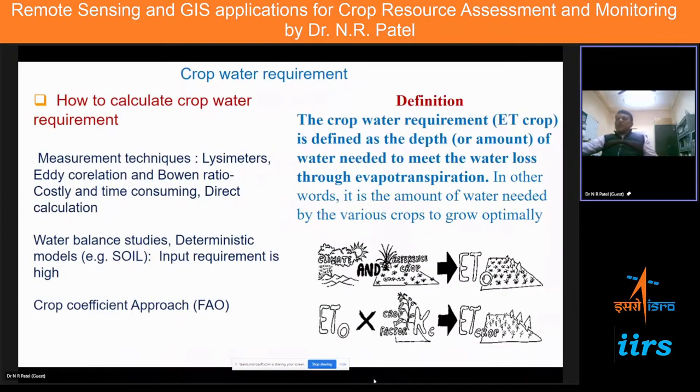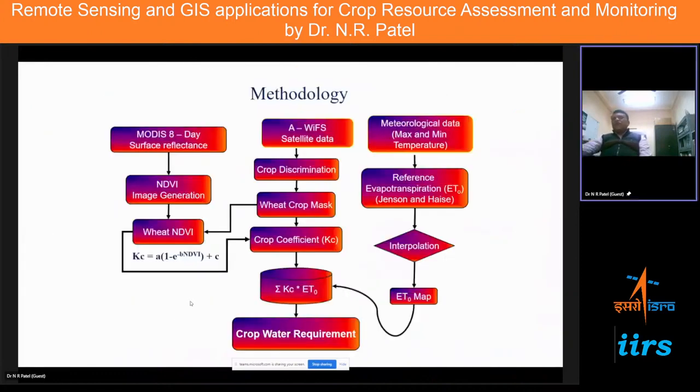So you can use those kinds of data to get the NDVI, and some observations to get the crop coefficient. The crop coefficient is nothing but the ratio of actual evapotranspiration to the reference evapotranspiration, meaning ET divided by ET0. If you don't have satellite data, there are empirical methods which help you to estimate reference evapotranspiration, like Penman-Monteith, Blaney-Criddle, and many others.